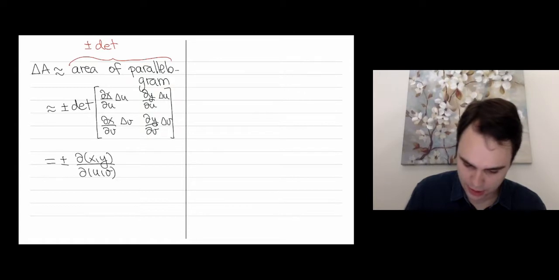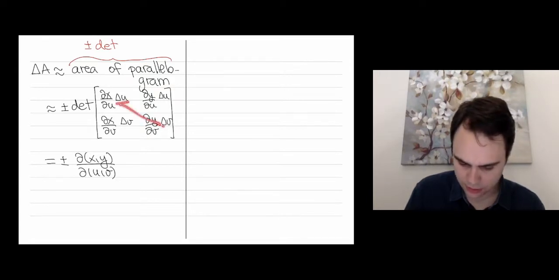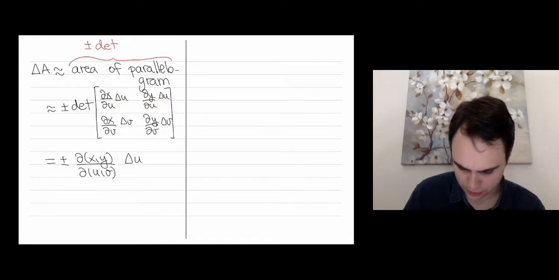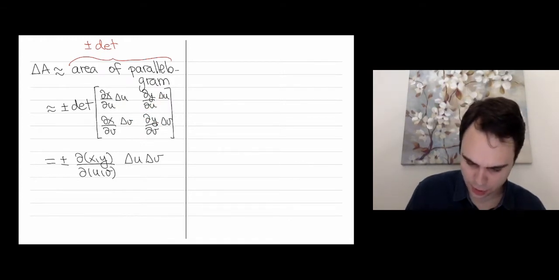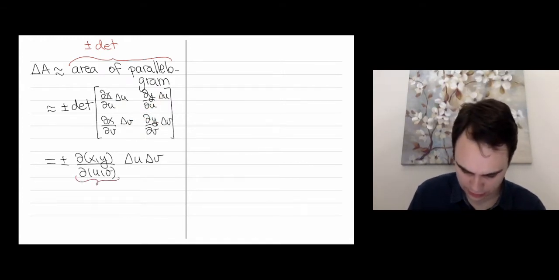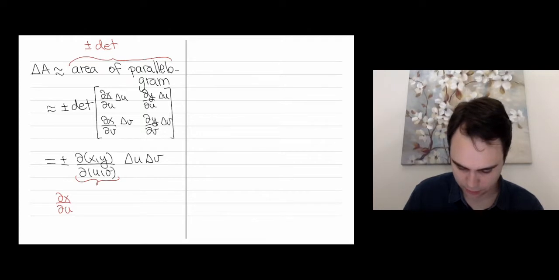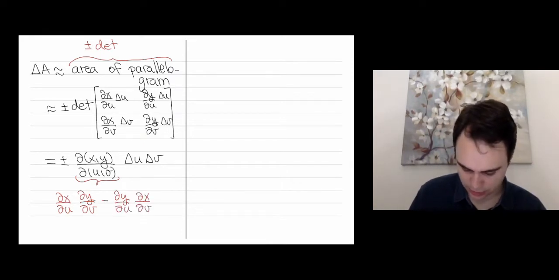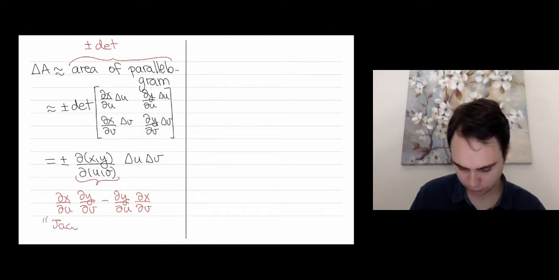And then you see that there's delta u delta v, then delta u delta v in the other way, so I'll just write delta u delta v out. So this determinant over here is dx/du times dy/dv minus dy/du times dx/dv. So this is called the Jacobian determinant.